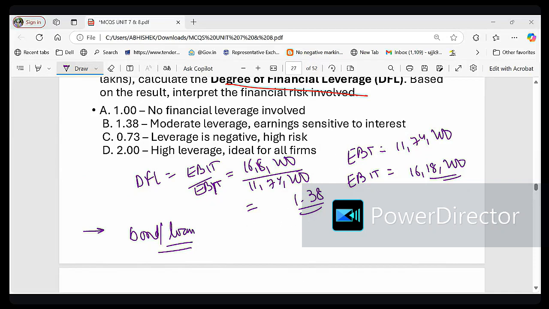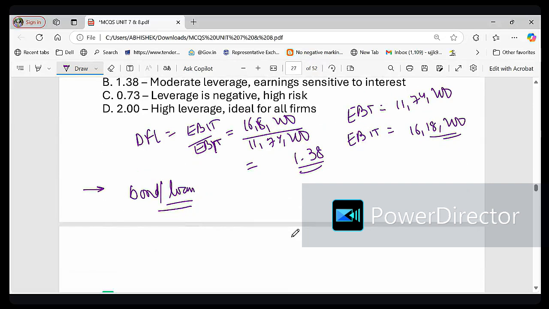Everything is okay, fine. Okay, now friends, listen to my word carefully, what is financial leverage all about. See, imagine a company is doing well and earning good profit, but instead of using its own money, it borrows some to grow faster through bond and loan. Now it must pay interest on that borrowed money.